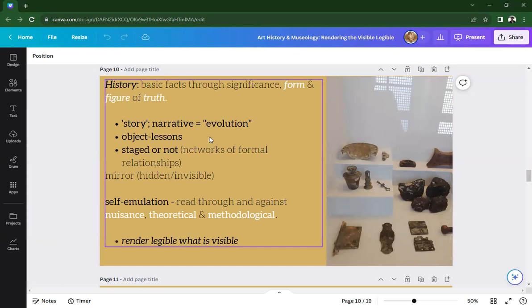Here in this article of the book, I think the author argued to render legible what is visible, to see the bigger picture and the visual imagery of what museum objects look like, what museum objects could interpret and give interpretations to its audience or its targeted audience, the people who are normally going to the inside and outside of the museum, whether it is a formal exhibit, whether it is a semi cultural exhibit, and even in other forms of objects inside of the museum.